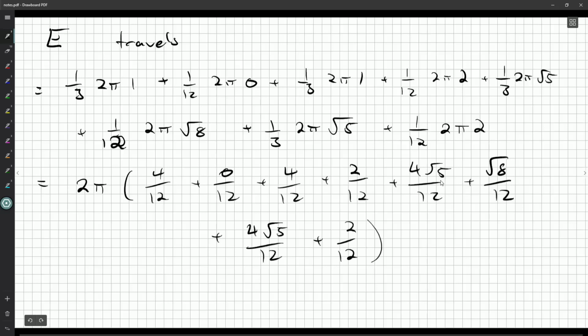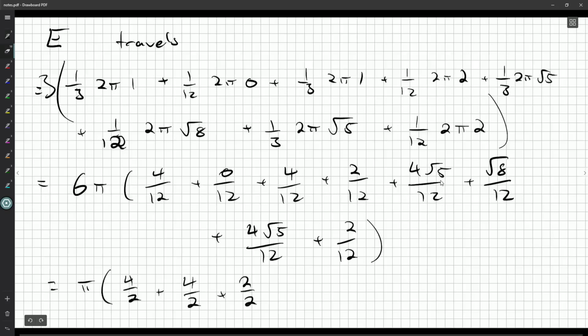Alright, and this will be 3 times all of that. So we'll change that to 6 times all that. And that way the 6 can cancel out with some of the 12. So I'll have pi, 4 over 2, 4 over 2, 2 over 2.